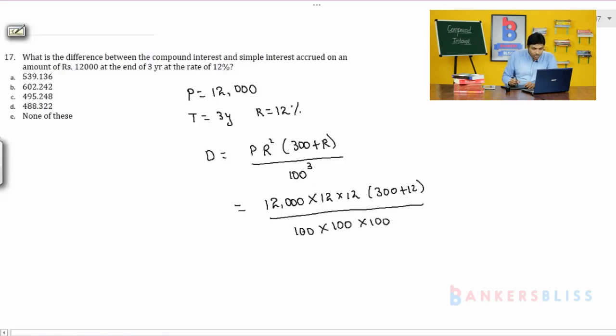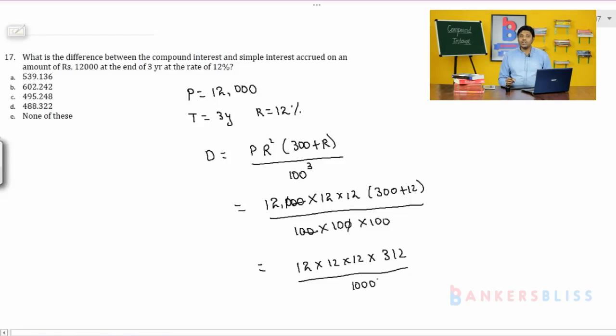Now cancel 2 zeros, 2 zeros, 1 more 0, 1 more 0. Next, 12 into 12 into 12 into 312 divided by 1000. This one you have to simplify.